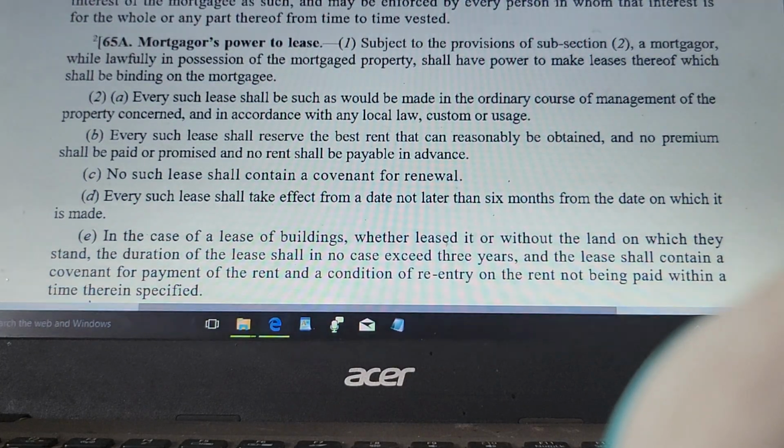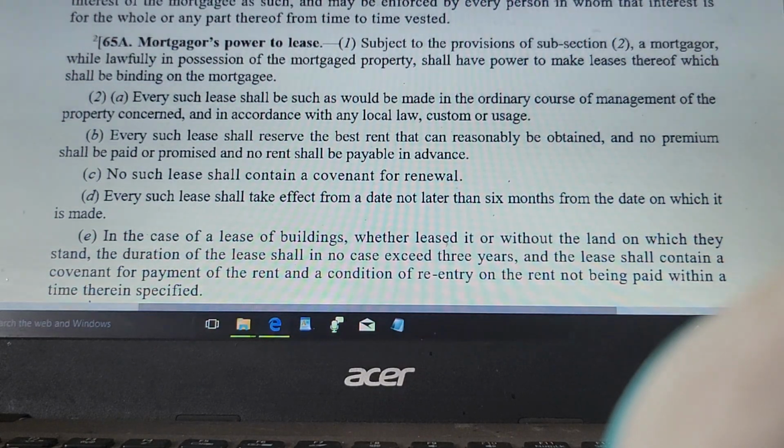B. Every such lease shall reserve the best rent that can reasonably be obtained, and no premium shall be paid or promised, and no rent shall be payable in advance. C. No such lease shall contain a covenant for renewal.